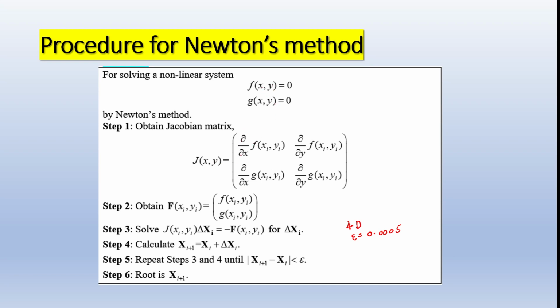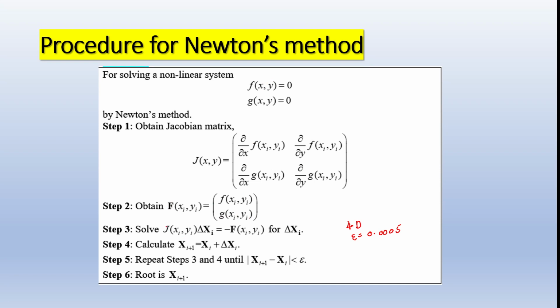The first column is differentiation with respect to x of the first and second nonlinear equations. The second column is differentiation with respect to y, of f and g. Then obtain your vector F: the first row is f(x, y), the first nonlinear equation, and the second row is the second nonlinear equation.